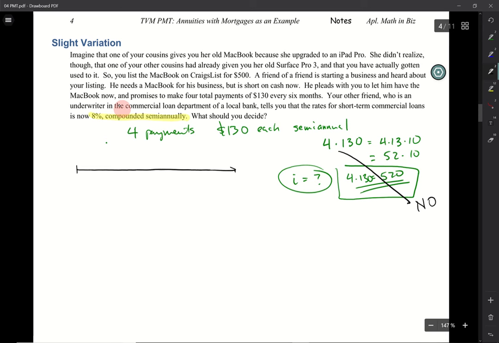So we have t equal to 0, and we have 4 time periods, 1, 2, 3, 4, and if you leave out a value, it's implied 0. 130, 130, 130, 130. And then you might make a note that this is 1 year and this is 1 year. So it's semi-annual.